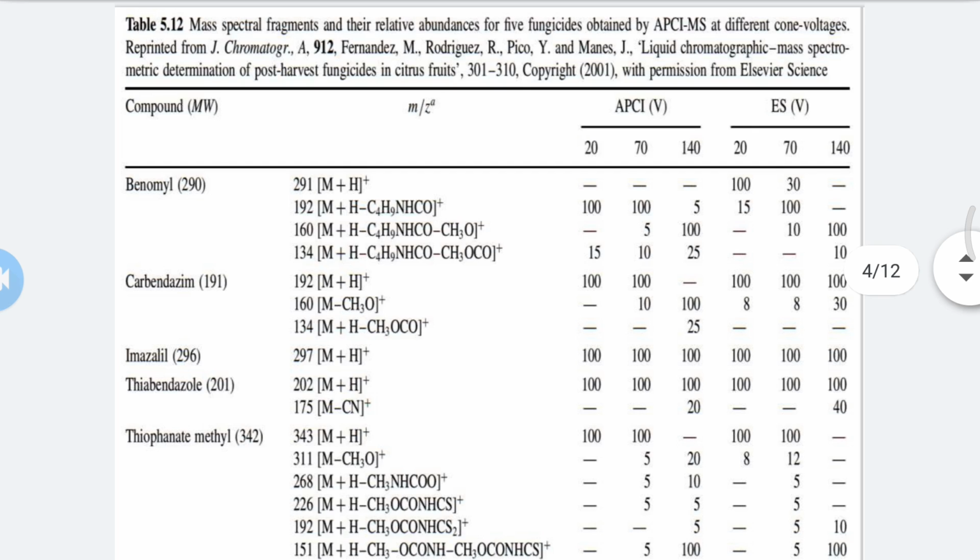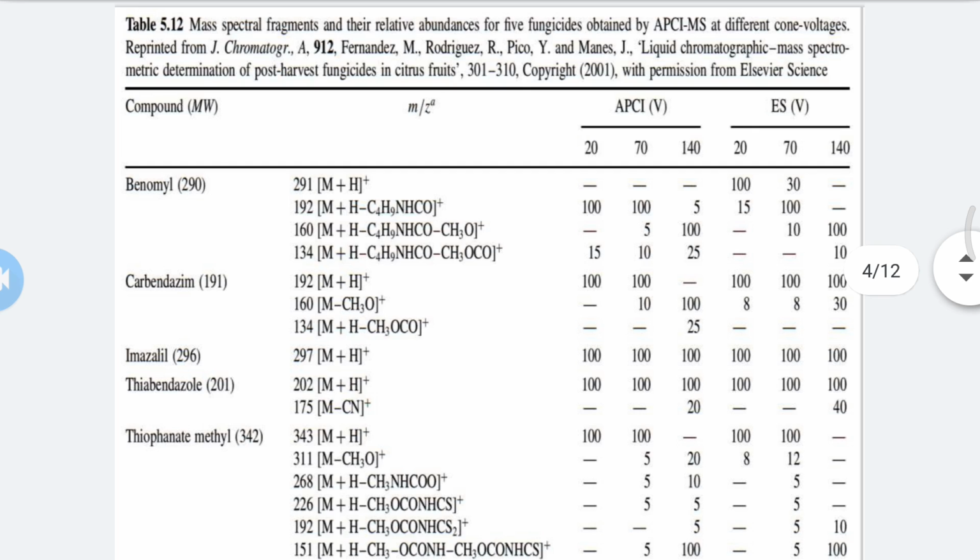Second, the mass to charge ratio of 220 for thiabendazole, third is 343 for thiophanate methyl, and fourth is 297 for imazalil pesticide.